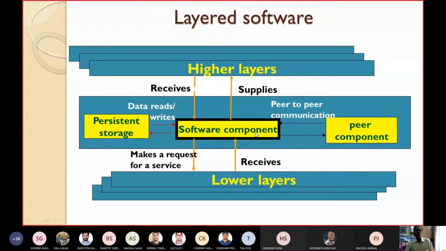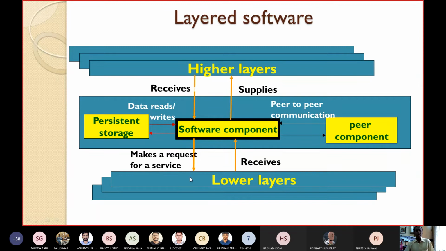So there is some storage device here. Data may be read into the software component, or data might be written into this storage. There might be peer-to-peer communication with some components. Peer components are in the same layer. As I have already told you, this software component may get a request from the higher layer.